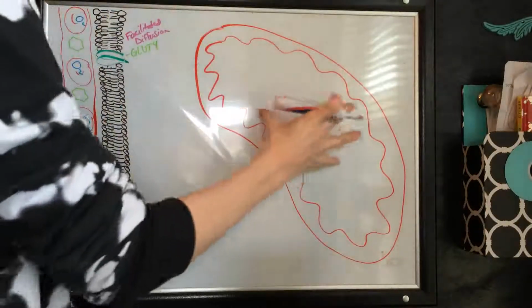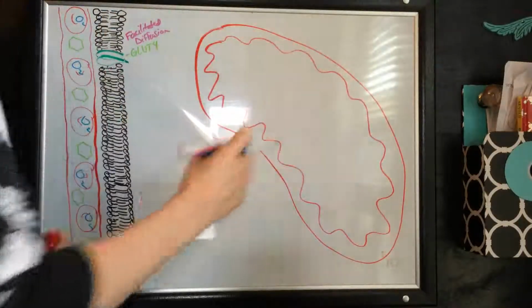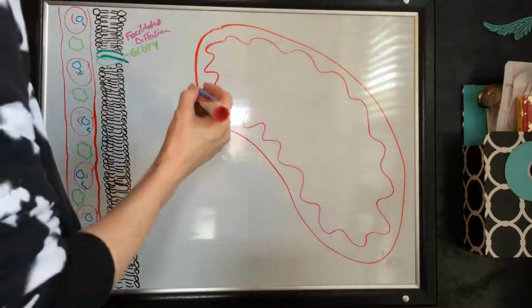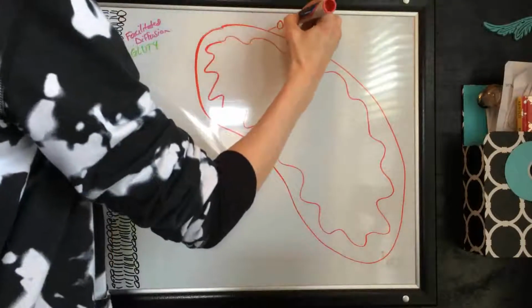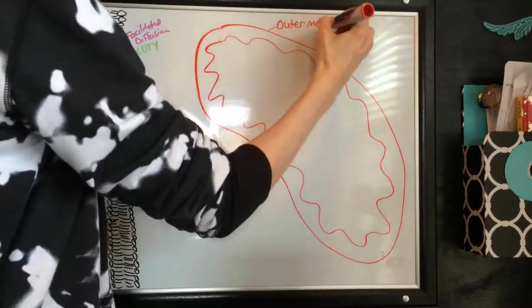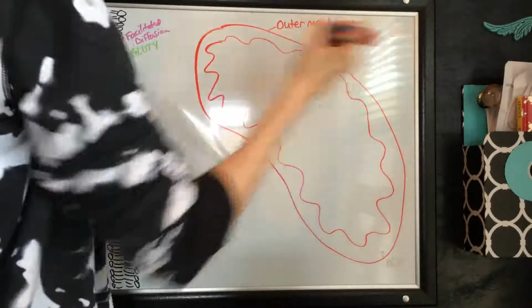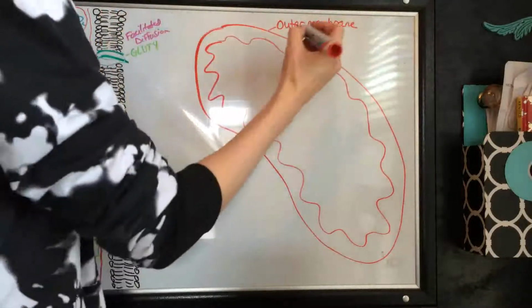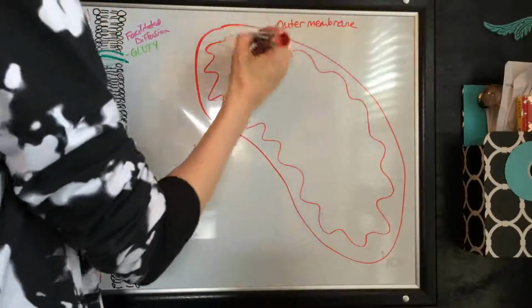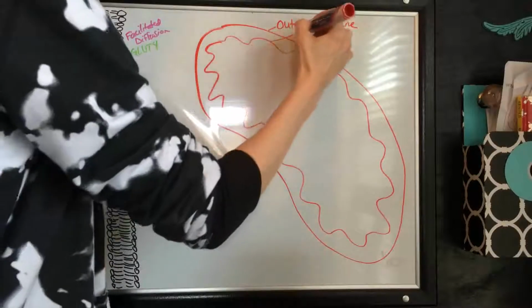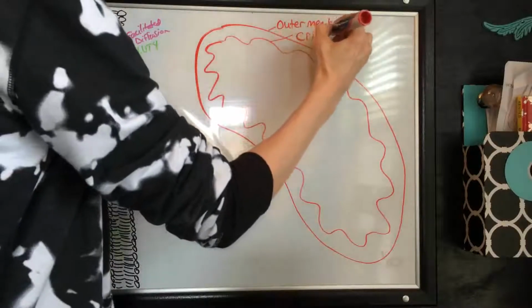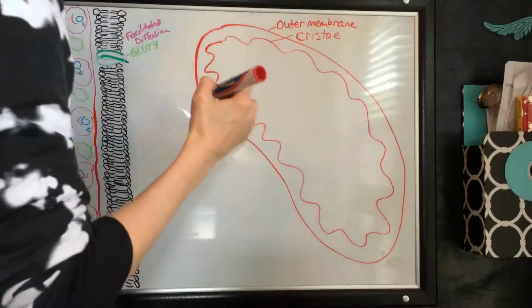Okay, and I've greatly increased the size. It's usually folded so much that it pinches in. And we're going to label these parts. So up here we have the outer membrane. And in here is the inner membrane, but it actually has a name. Let's see, we'll label it right up here. It's called the cristae. The cristae membrane.